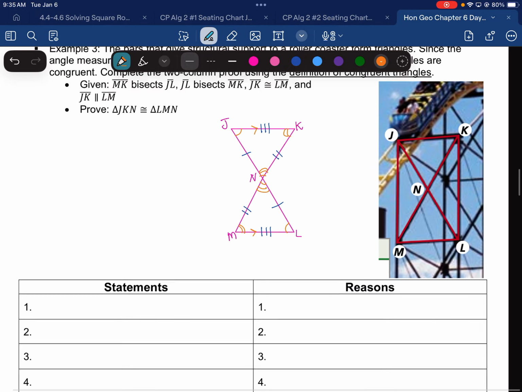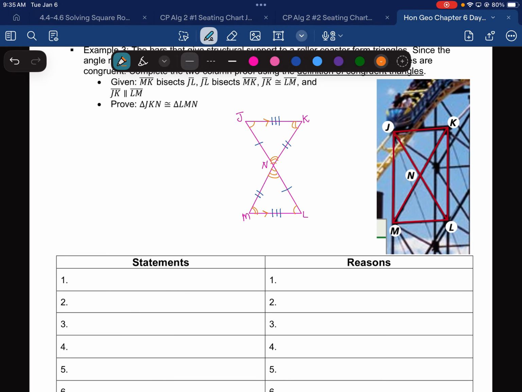Now, I know we only have 2 minutes left of class. So I'm going to get as much of this written as I can. And I can finish it and post it for you to check your answers on Google Classroom. Now, I'm going to put the first 2 pieces of given information. I didn't do this before. But because we use the same definition of segment bisectors, I'm going to put it in the same box.